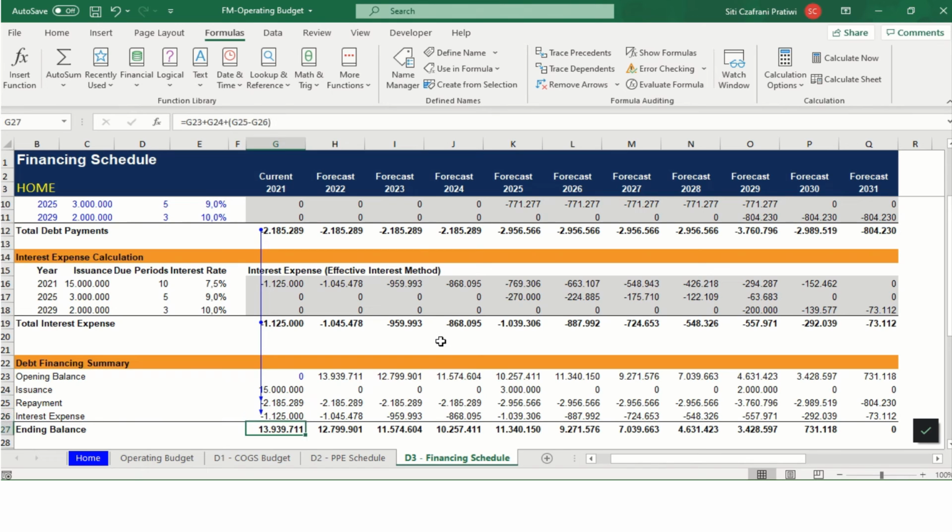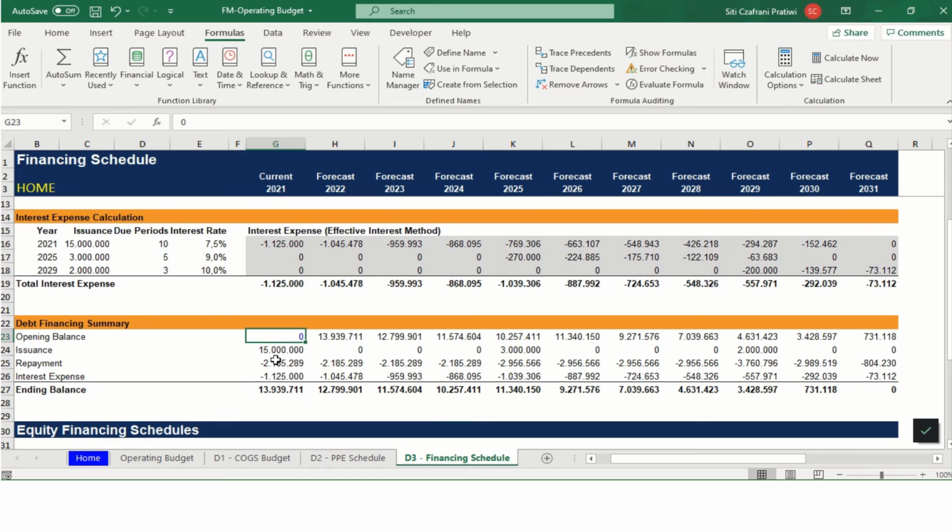All right, so the ending balance of your debt is the opening balance added by issuance, less repayment, and deducted again by interest expense. So it will be your closing balance of debt. And again, the ending balance of a certain year will be the opening balance in the following year, and so on and so forth.